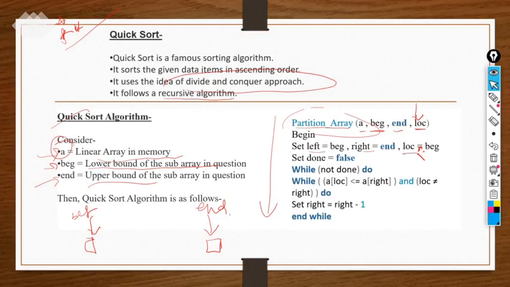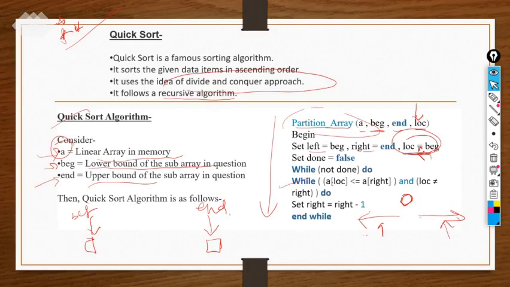When we take the LOC, or you can say the pivot point, we compare the pivot element with what is available on the left hand side and right hand side. Whatever is present on the left hand side must be less than this element, and whatever is present on the right hand side should be greater.